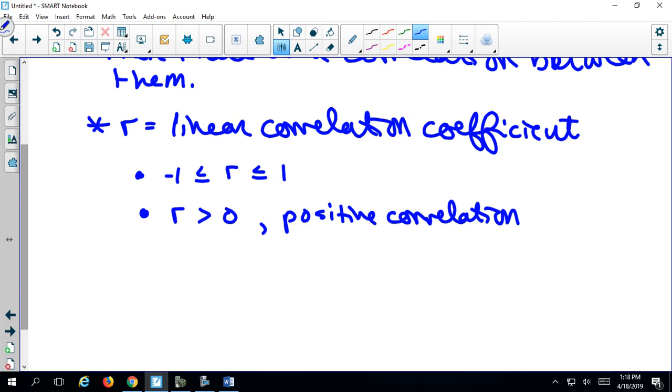If R is negative, we have negative correlation.